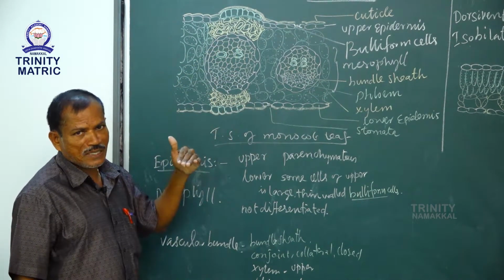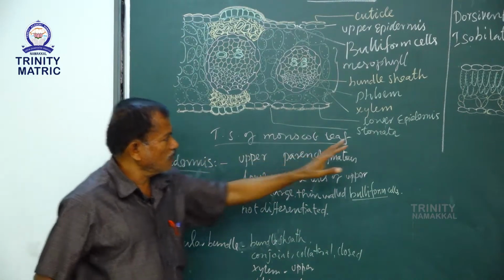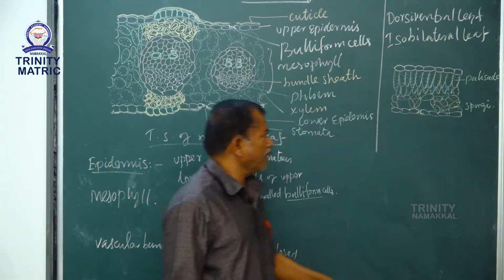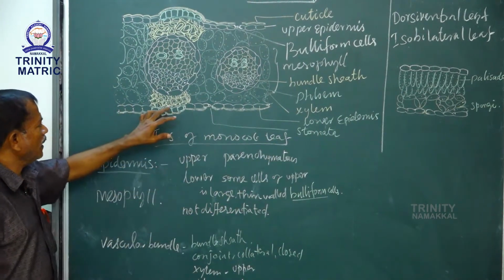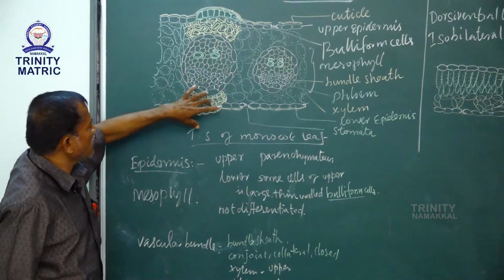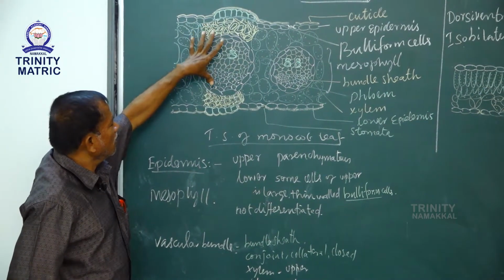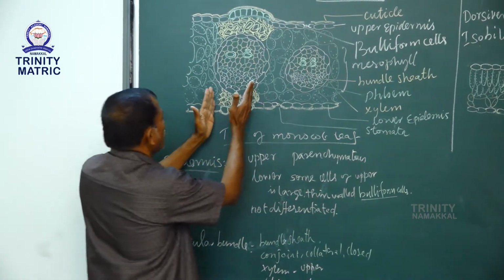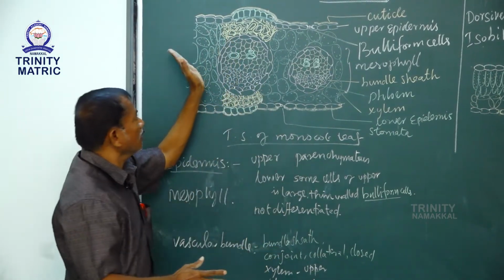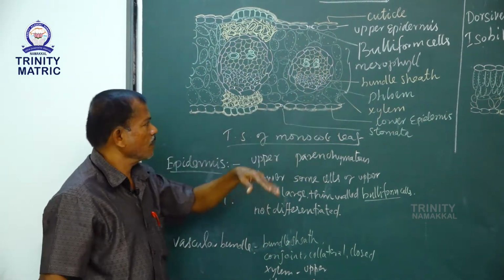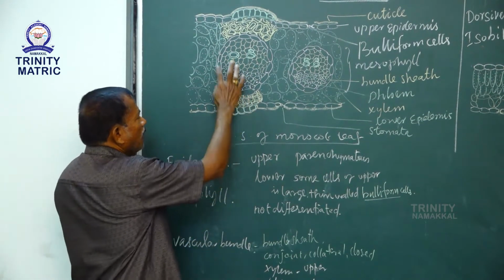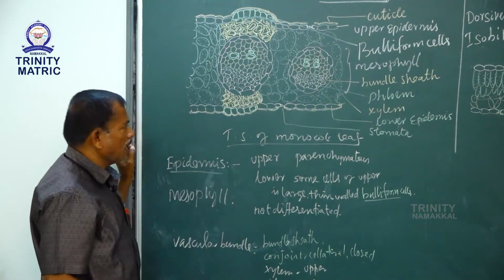When you draw the picture of the dicot leaf, you should draw this line and the bulged portion of the midrib. Here there is no differentiation, but both sides of this vascular bundle are also bounded by sclerenchyma. You should draw the sclerenchyma only at the vascular bundle, not on all the surfaces. This is the mesophyll tissue, and the bundle sheath is made up of thin-walled parenchymatous cells.